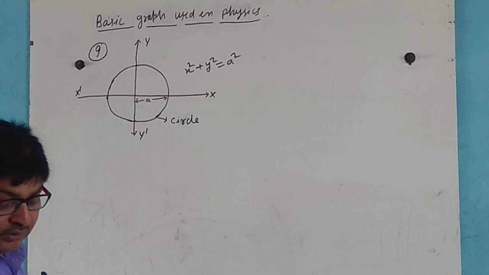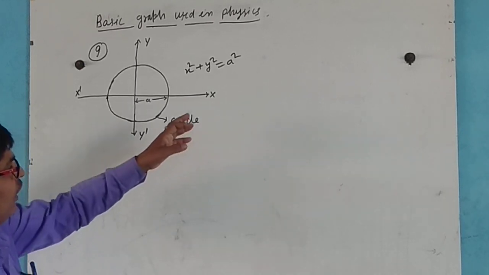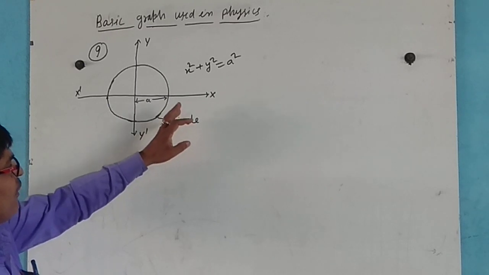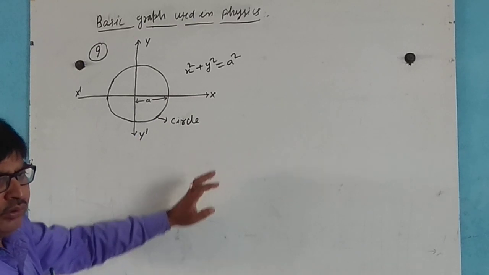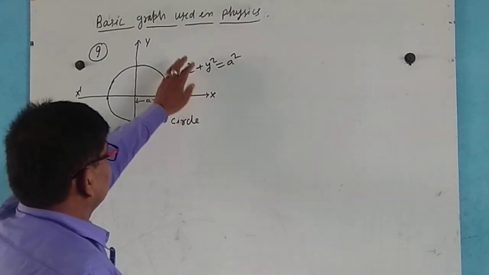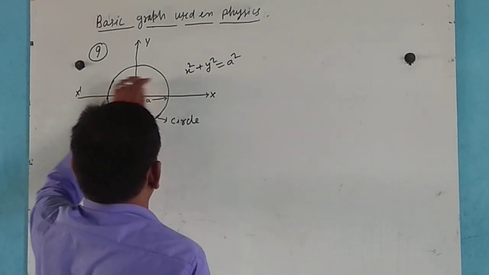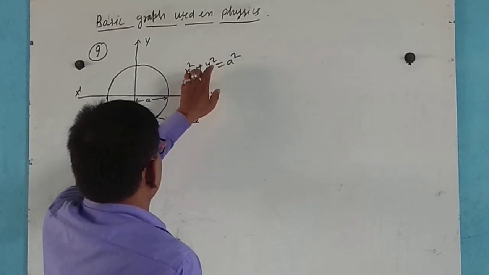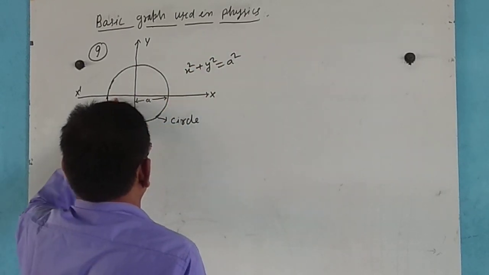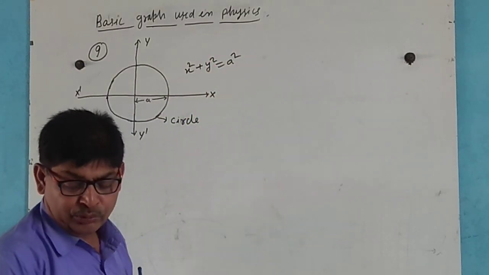Here the radius of the circle is a. If we trace it, x is equal to 0, y is equal to plus minus a, plus a, minus a; y equal to 0, x is equal to plus minus a. Here and here we trace with the help of this curve.